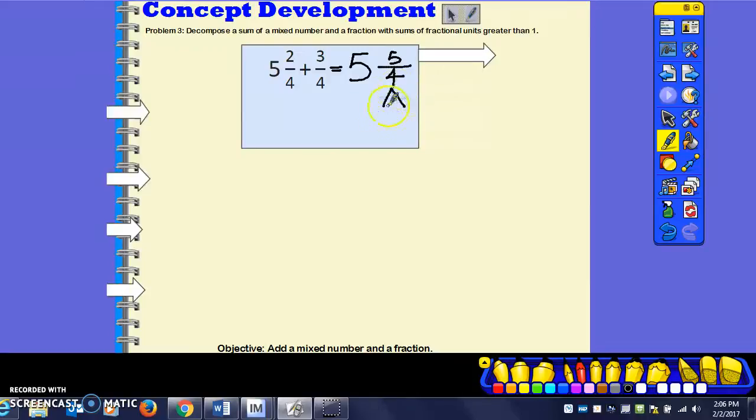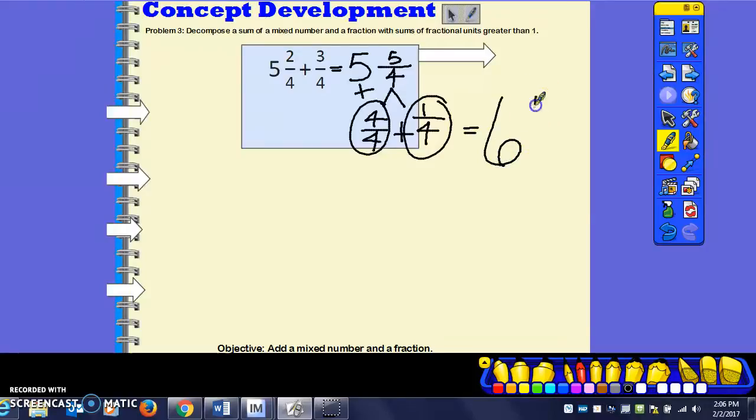So we're going to change this. We're going to pull out 4/4 plus the 1/4. So we're taking 5/4 and changing that to 4/4 plus 1/4 with our number bond. So that is going to equal, I'm going to add it, 5 plus a whole is equal to 6 wholes.